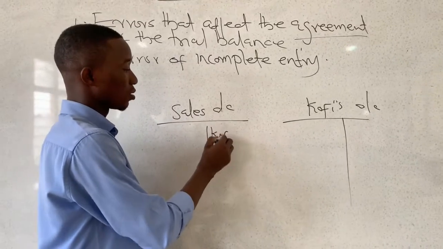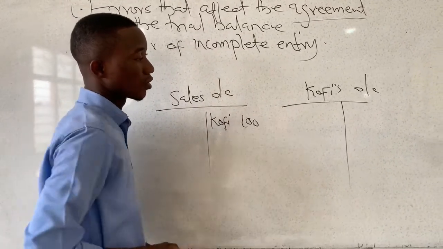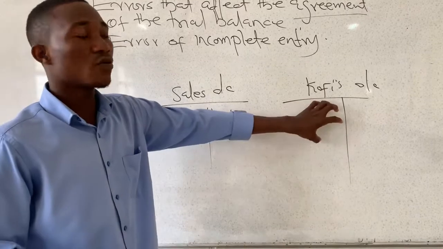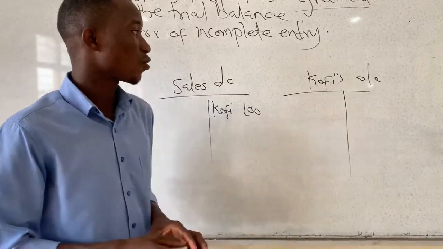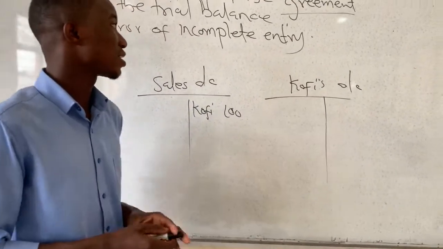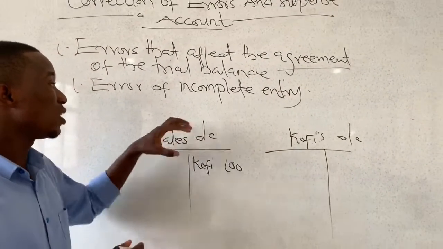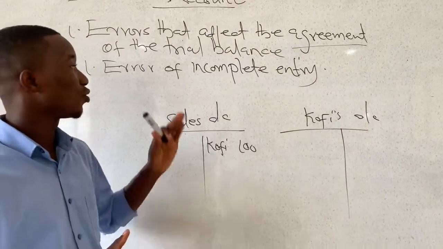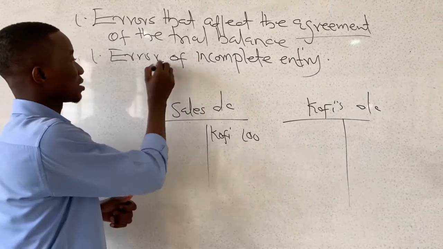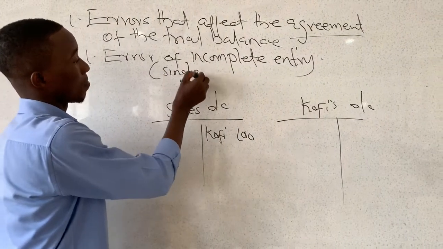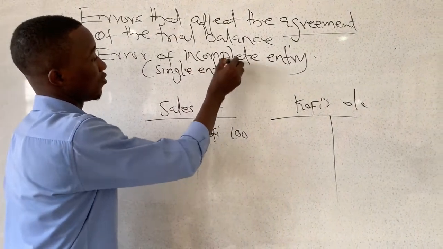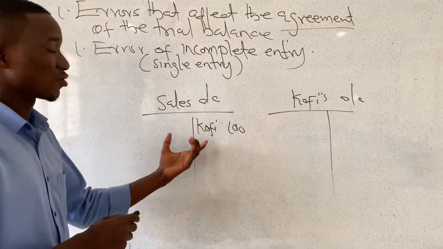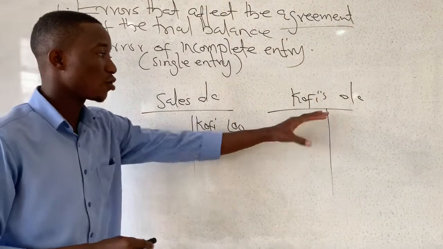Let's say 100, but then we forgot to record the transaction in Kofi's account. We forgot to make the debit entry over here. This means we've only kept one aspect of the account. So you can also call this error a single entry. Alright, we only kept the transaction in one aspect and we forgot to keep this.